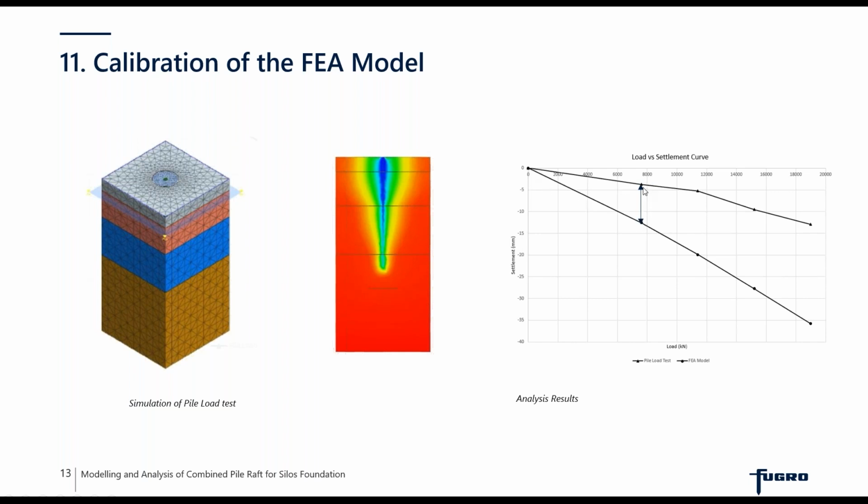The pile load test was giving something around 4 millimeters, and we ended up with a settlement of 12 millimeters. So this is the model which we utilized for the modeling of the complete pile foundation. You can also calibrate it further by playing around with the stiffness and strength parameters, but for this project we considered this as our factor of safety.